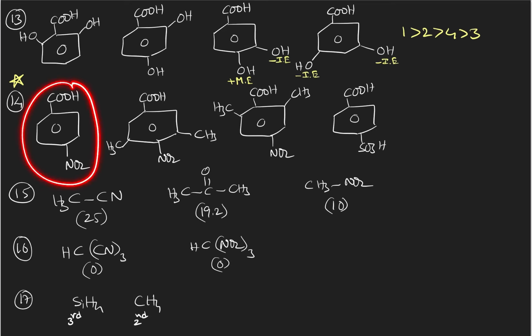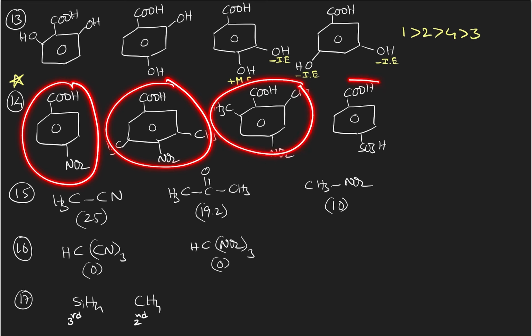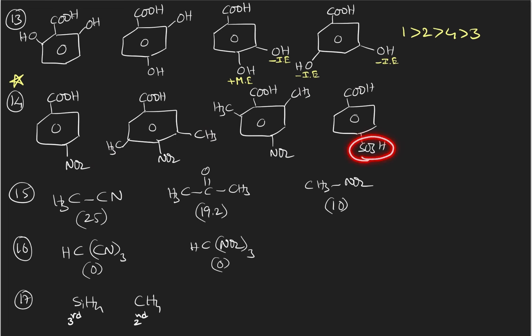This is benzoic acid, carboxylic acid. This is also a carboxylic acid. This is also a carboxylic acid, but this is not a carboxylic acid. This is basically sulfonic acid, because SO3H is a more effective group than COOH. Therefore, this compound is a sulfonic acid, and the remaining 3 are carboxylic acids.